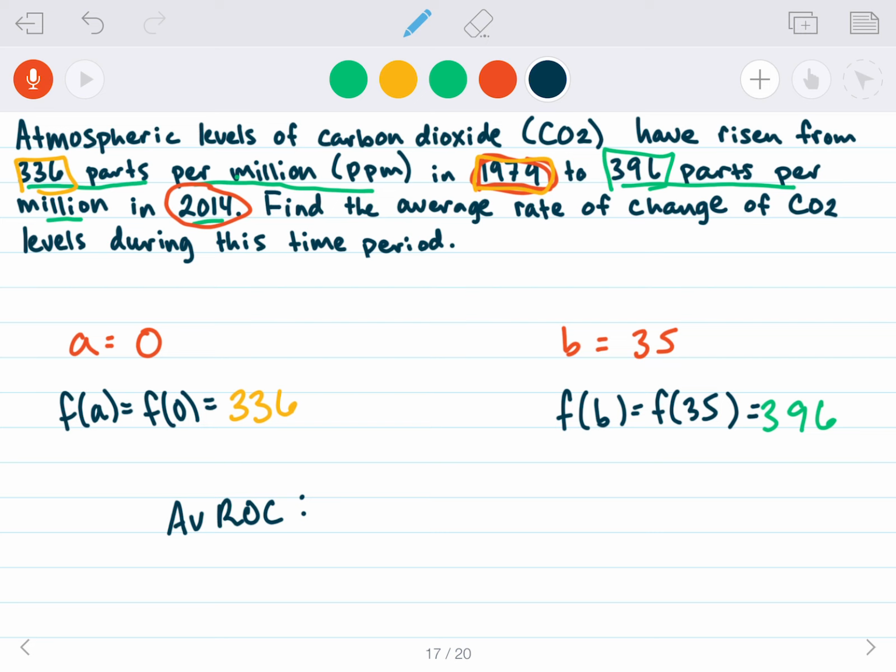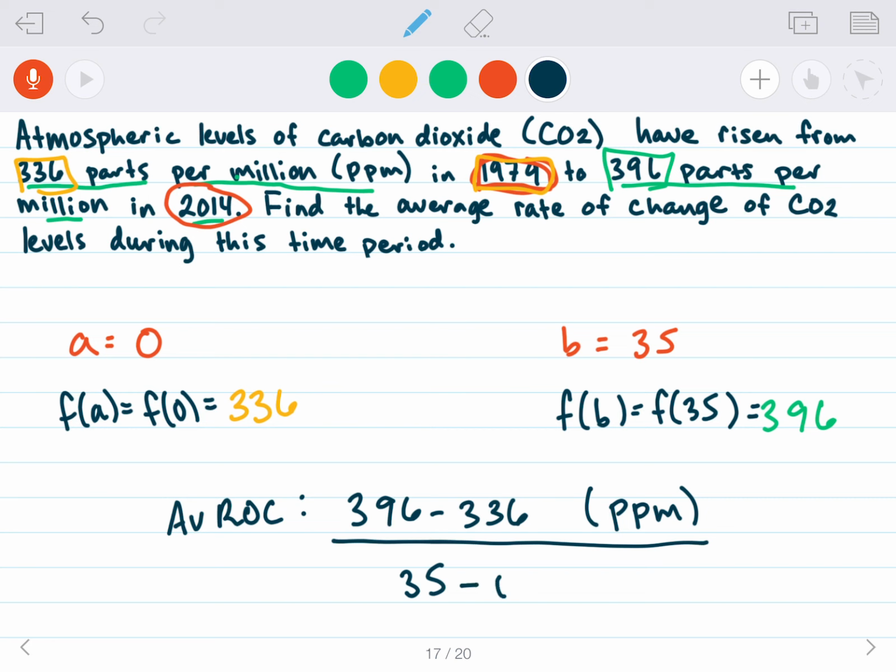So the average rate of change, we have f of b minus f of a. And since this is a real world problem, I'm going to put parts per million on top over b minus a, and this is years.